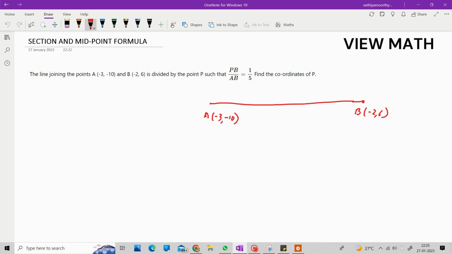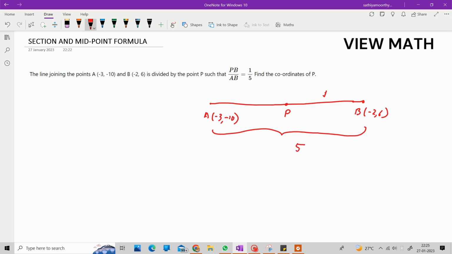It is being divided by the point P such that PB by AB is equal to 1 by 5. So the ratio PB is 1, from P to B the ratio is 1, and AB, the whole ratio, is 5.